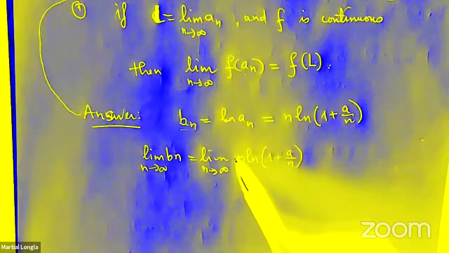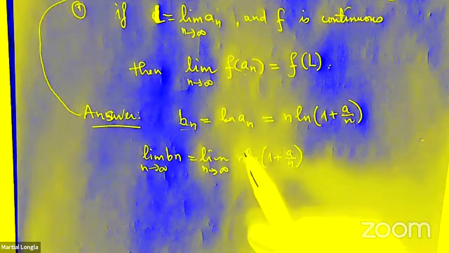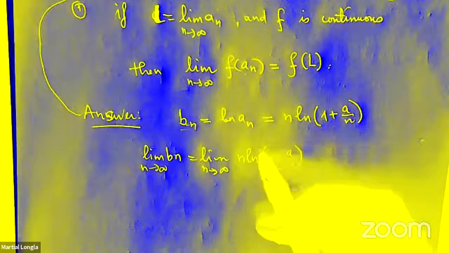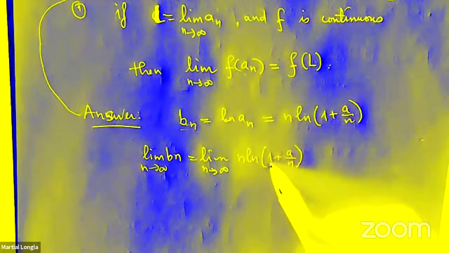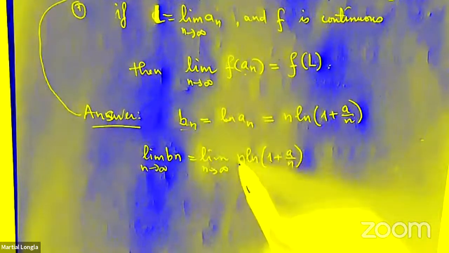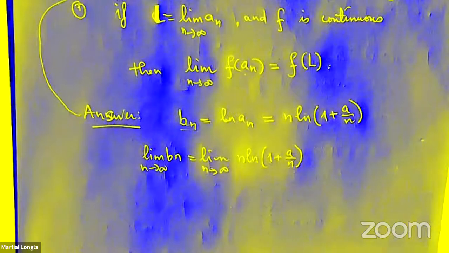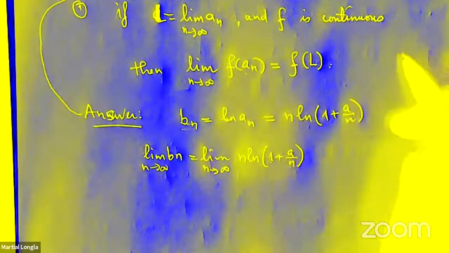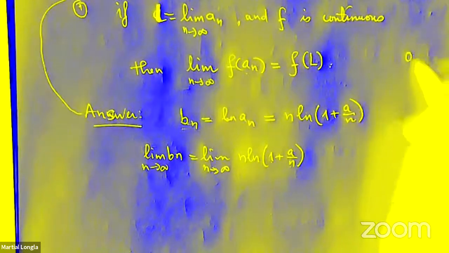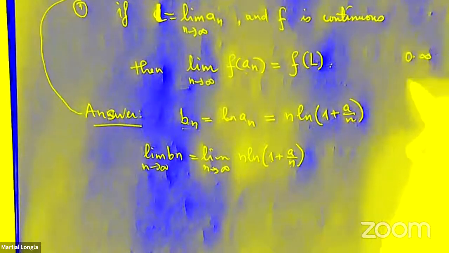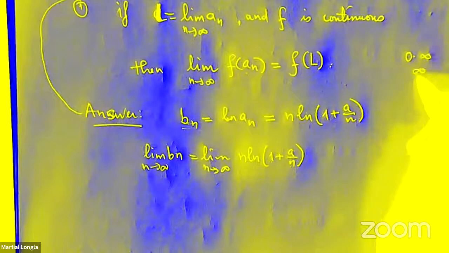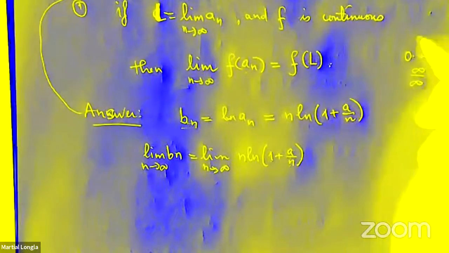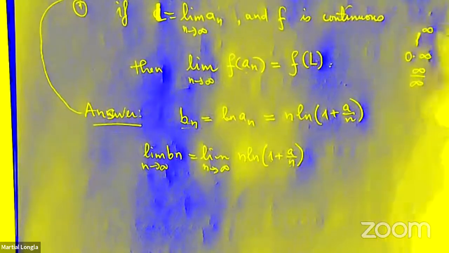Yes, Matthew. So the natural log of 1 is 0. 0 times infinity, that's undetermined. You can't say it's 0, you can't say it's infinity. So 0 times infinity, same as infinity over infinity, same as 1 to the power infinity.